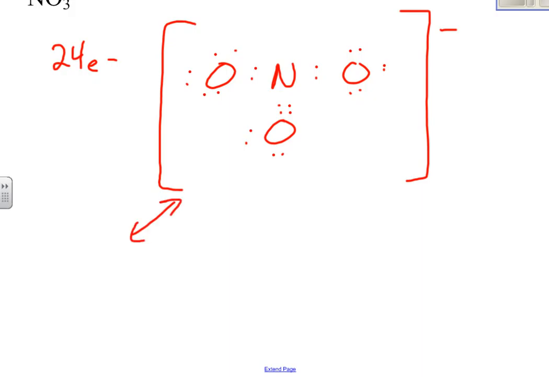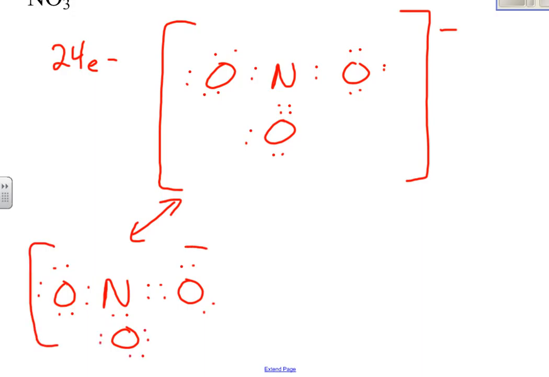Now, this is one of the real pitfalls of dot structures. What I end up having to do is draw 3 separate pictures. What's that called again? Resonance.